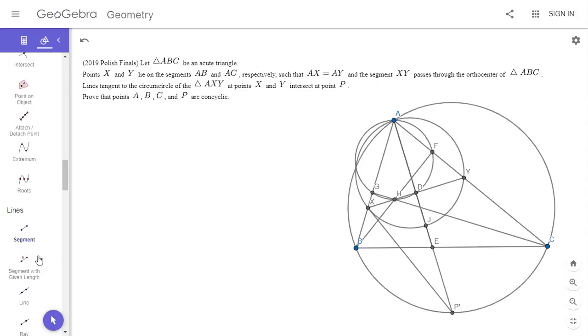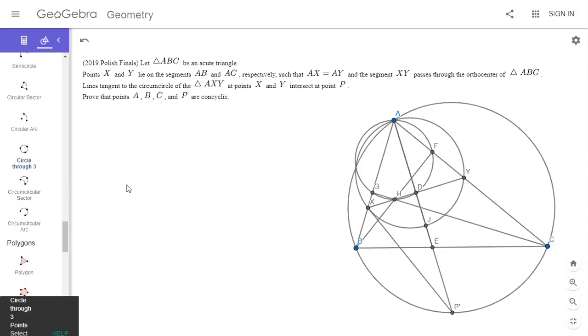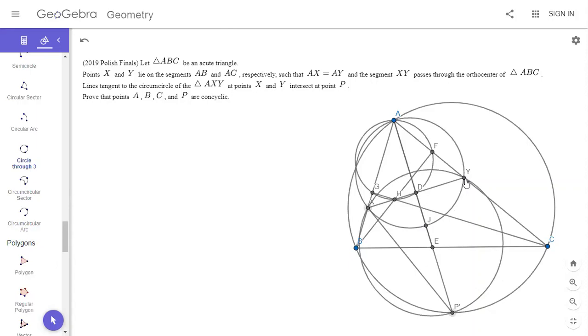Let me try something here. So we know J lies on the bisector of XP prime Y, right?